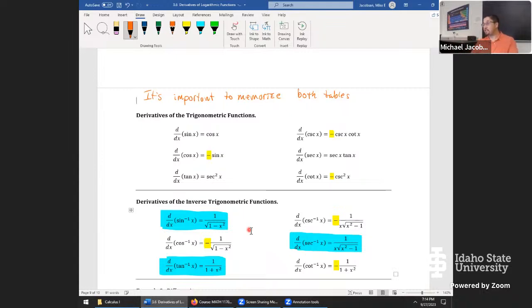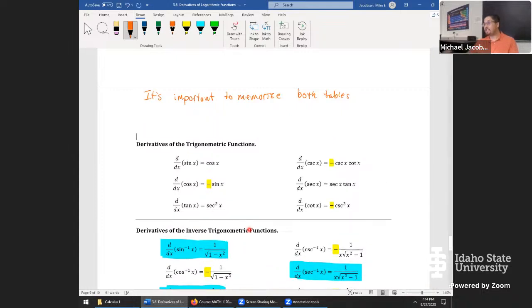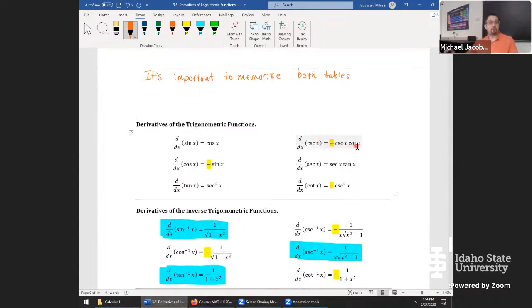But there's a second reason for this. If you're taking a class like Calculus 2, Calculus 3, or even beyond, knowing what these are could be a lifesaver. For example, one problem in Calc 1 or in Calc 2 could go like this.